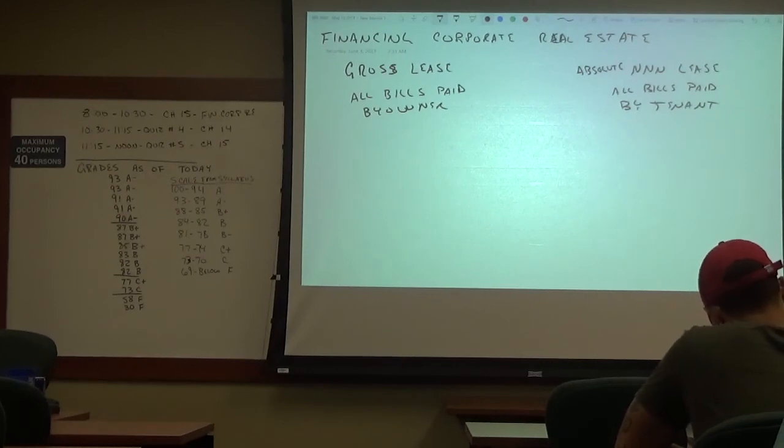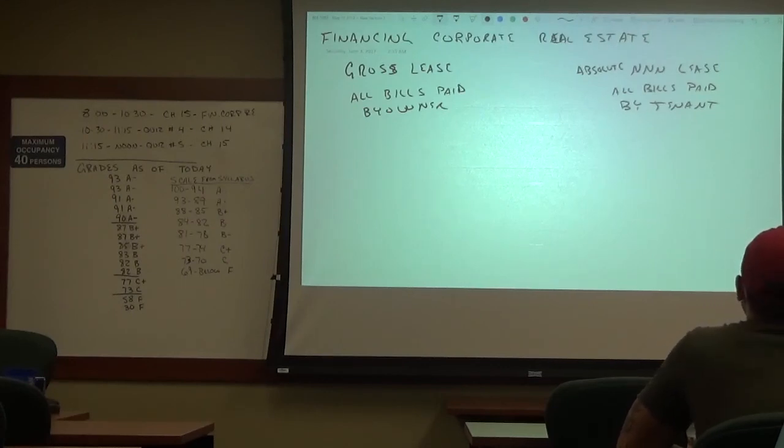Followed by those folks that simply want to have a fixed number that they don't have to worry about, don't have to think about, don't have to deal with a bunch of extra payments. In a lot of the properties that I owned, I purposely did gross leases with my tenants.